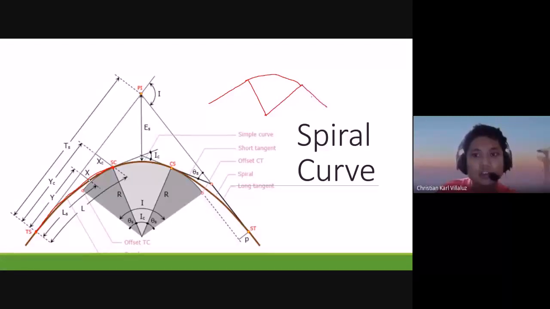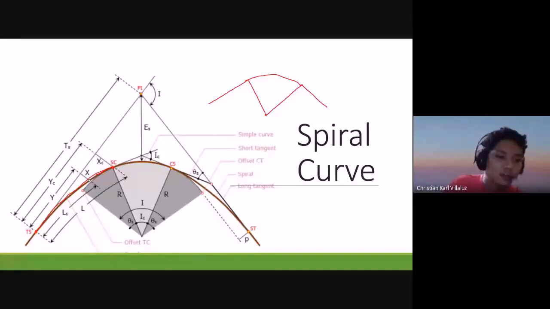So, medyo hindi yun safe because there will be sudden change in direction. So, kailangan dapat may belo tayo sa liko. So, dapat merong transition to reach the maximum degree of curve natin. So, yung transition na yun na yung ating spiral curve. So, from a straight road, paunti na paunti hanggang ma-reach niya yung direction na pinaka-maximum na degree ng curve na dun yung ating simple curve.